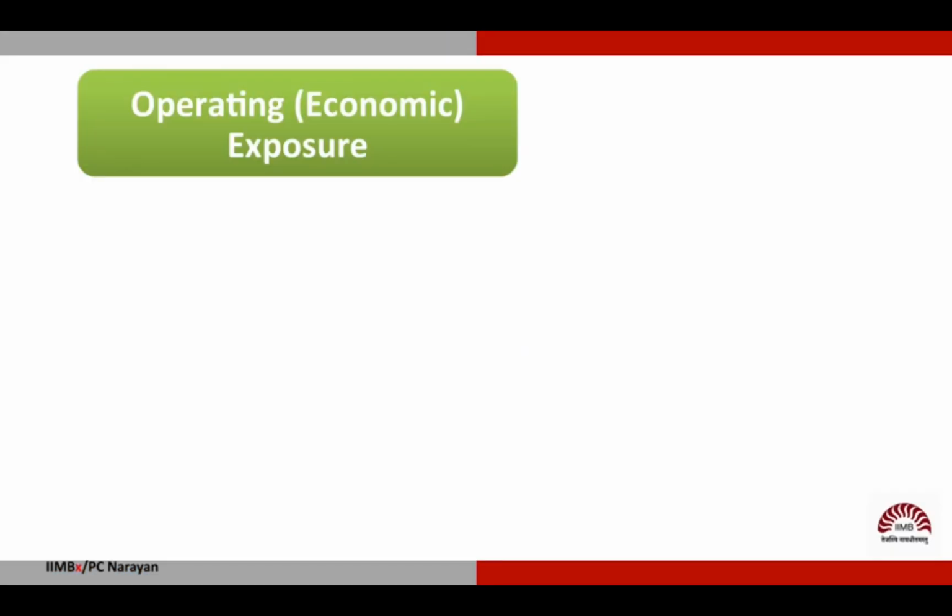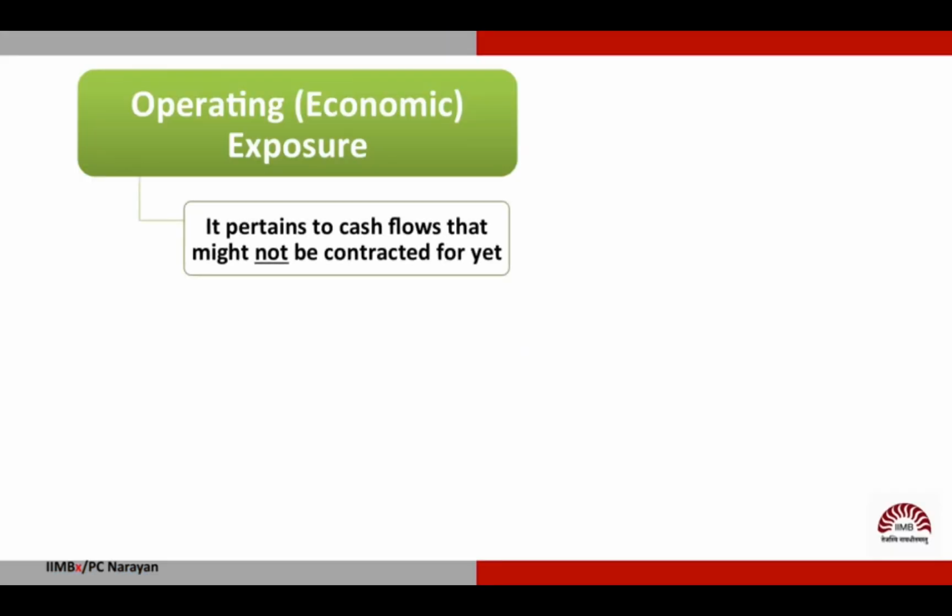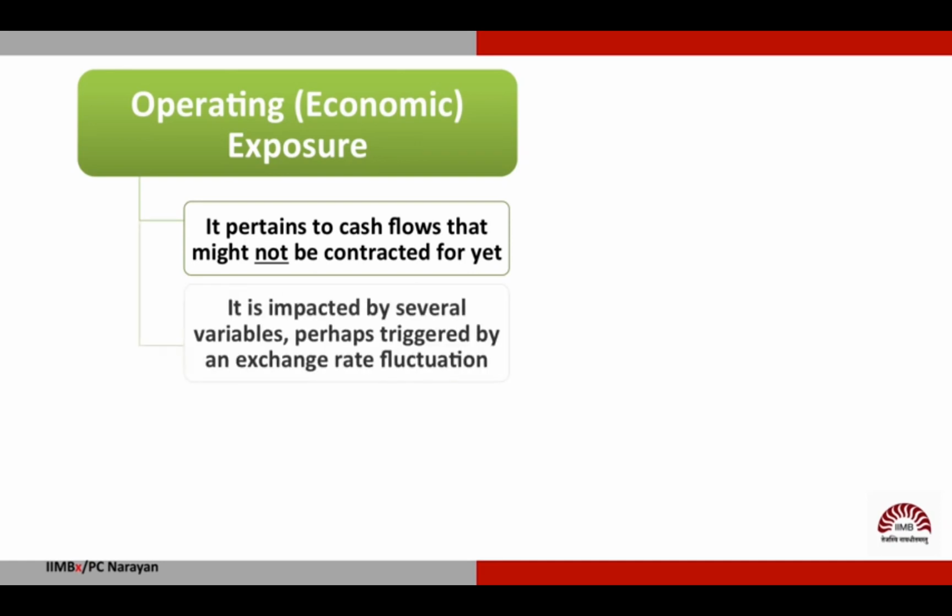As would be obvious by now, operating exposure is more complex because A, it pertains to cash flows that might not be contracted for yet, and B, it is impacted by a whole host of variables, perhaps triggered by an exchange rate fluctuation.